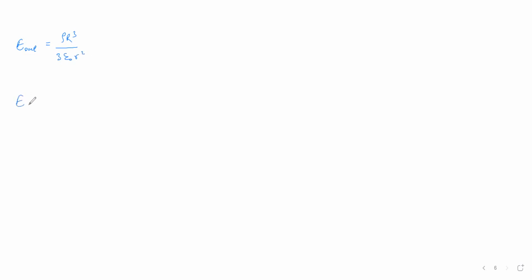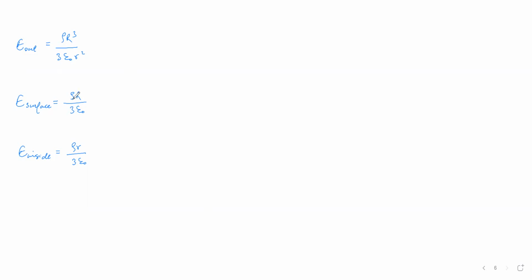The second value, E at the surface, which is rho r over 3 epsilon. And the third one is E inside, which is rho r over 3 epsilon. Do you understand these three values?